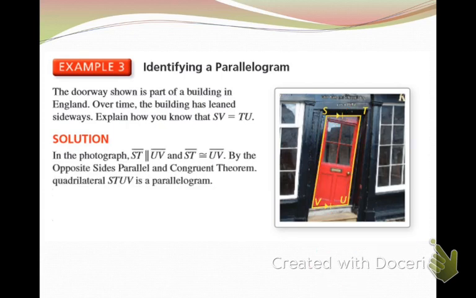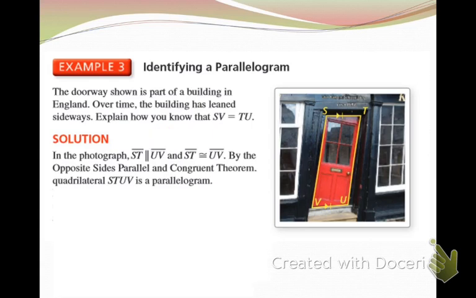So our reasoning is, because ST and these lines, remember, that's ugly. This line, or these twin towers I call them, mean that they're parallel. So because ST and UV are parallel, also because ST is congruent to UV because of the little lines, by the opposite sides parallel and congruent theorem, quadrilateral STUV is a parallelogram.